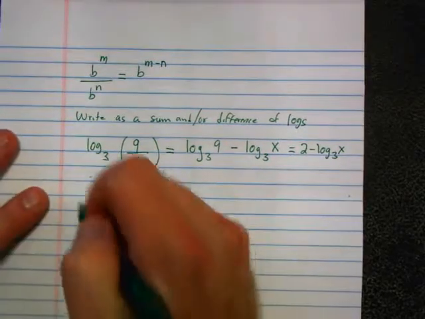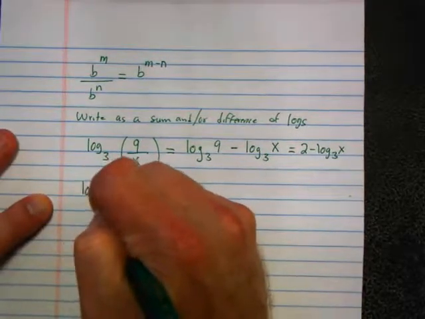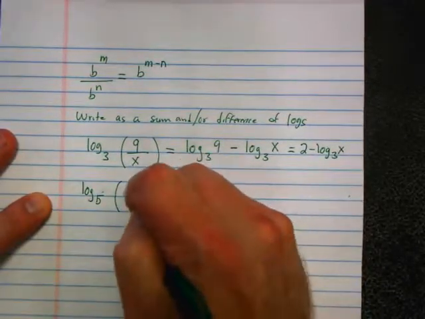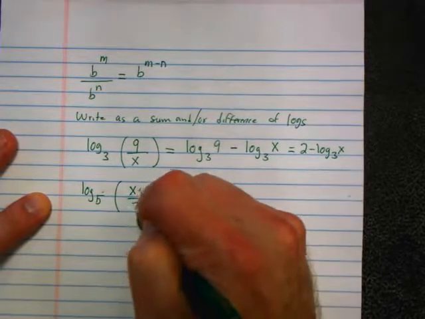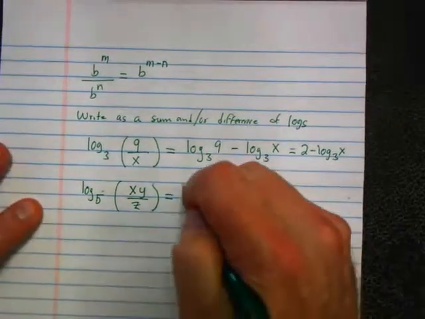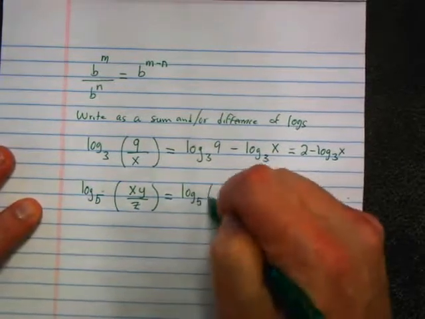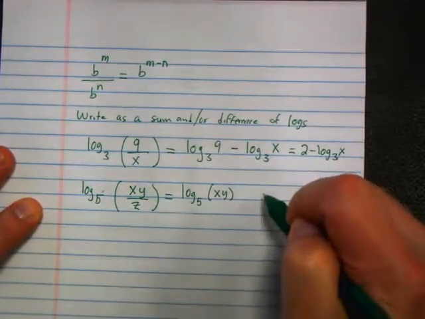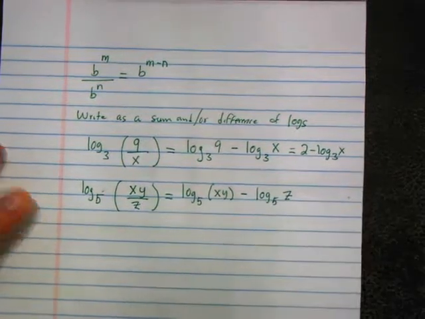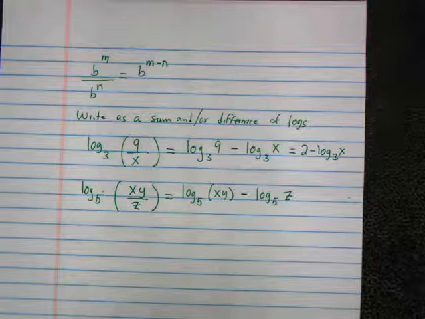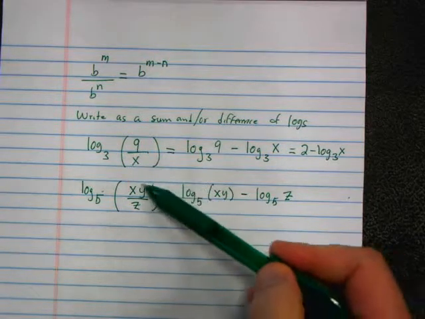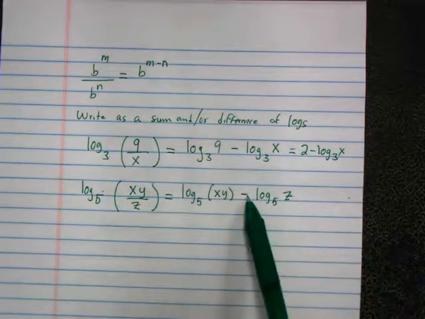What if I gave you log base 5 of xy over z? Okay, so that could be written as log base 5 of xy minus log base 5 of z. The division inside here became subtraction outside there.